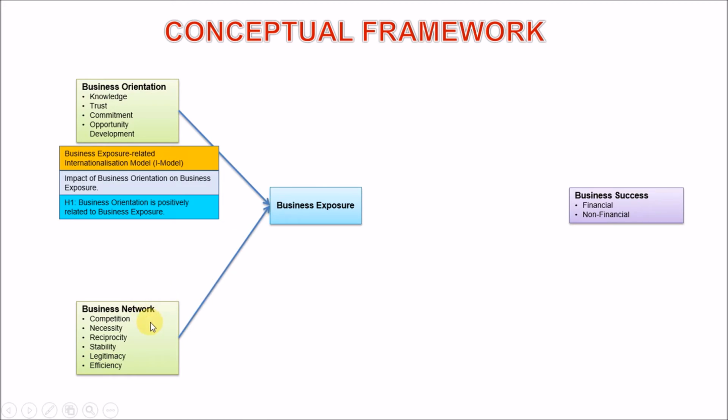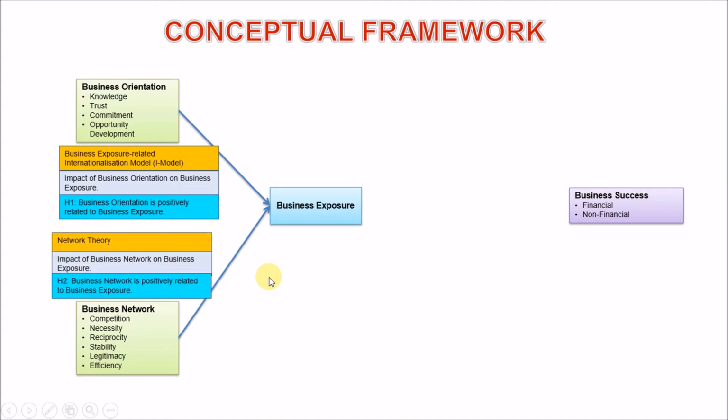Yes, business network. We have some dimensions underneath it, but for the time being we are considering business network as a whole, as a construct, as a variable, whatever we say, towards business exposure. And where is the support? Okay, here is the support. The first one is called network theory. This network theory basically can justify theoretically the relationship between business network and business exposure.